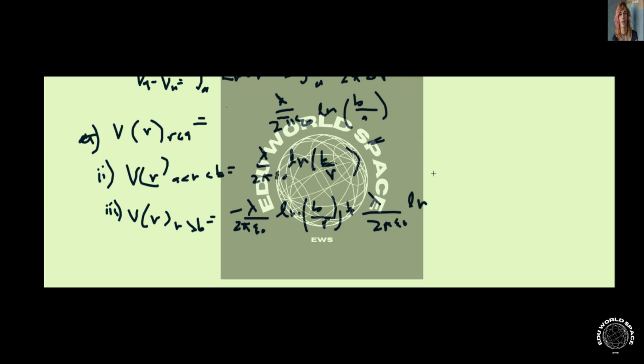But since these are of opposite values and are the same term, they cancel each other out and it's equal to 0. Now moving on to part B.